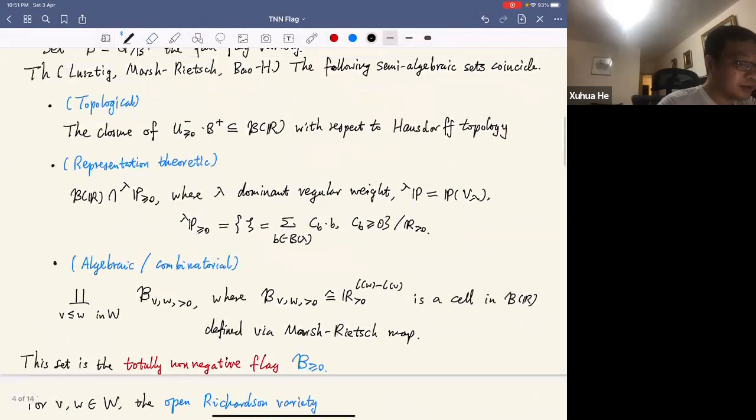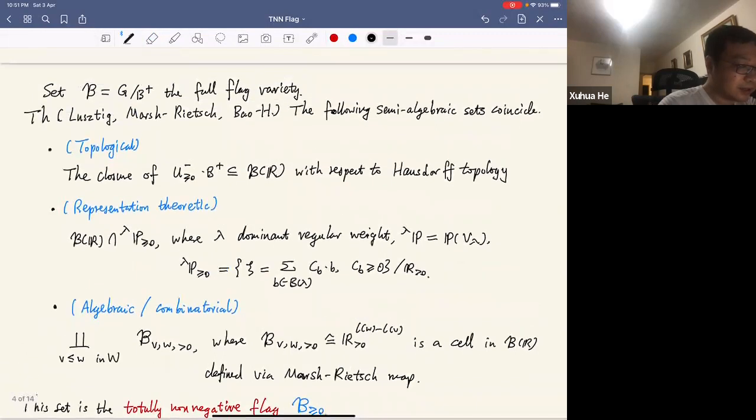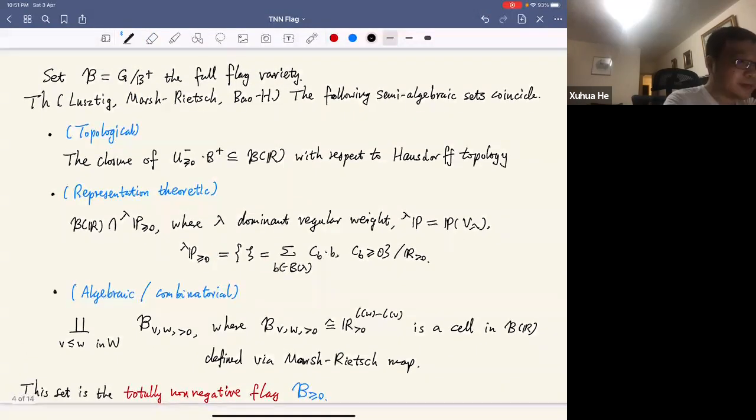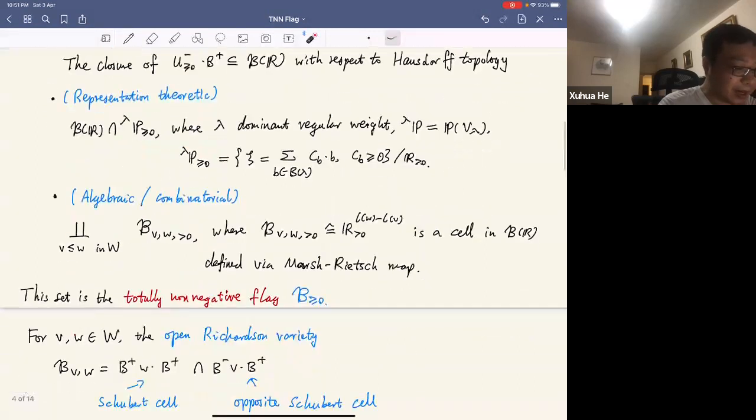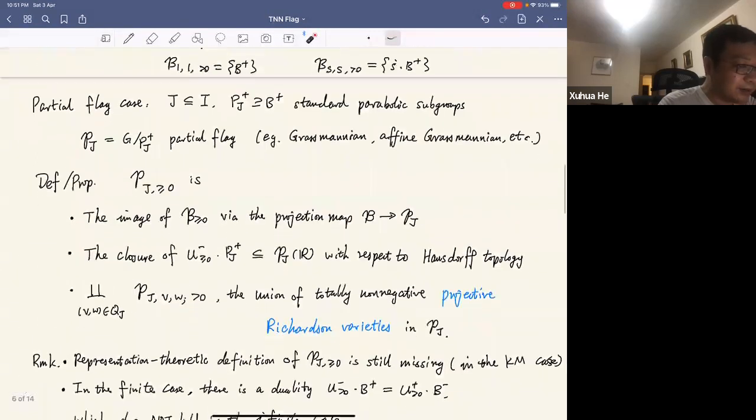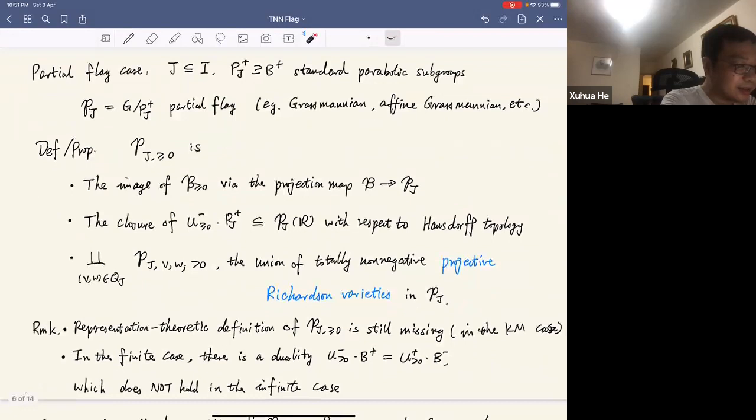The other part is the algebraic or combinatorial description of these cells using the Marsh-Rietsch map. I would say this is still true, but under non-trivial modification.